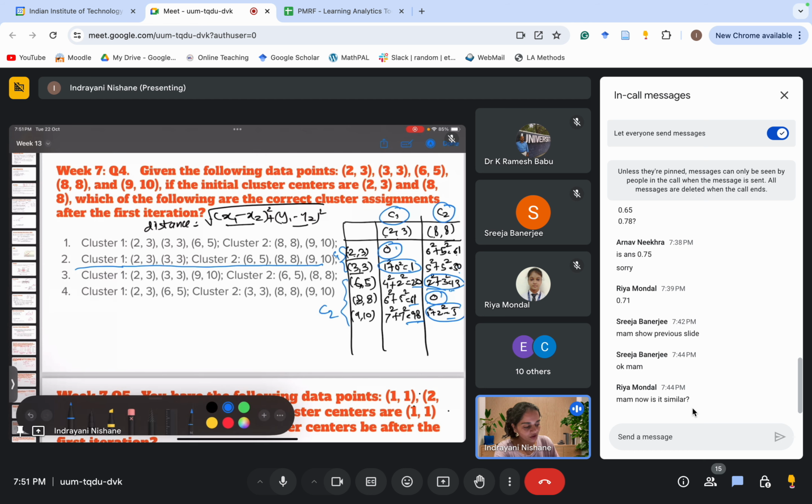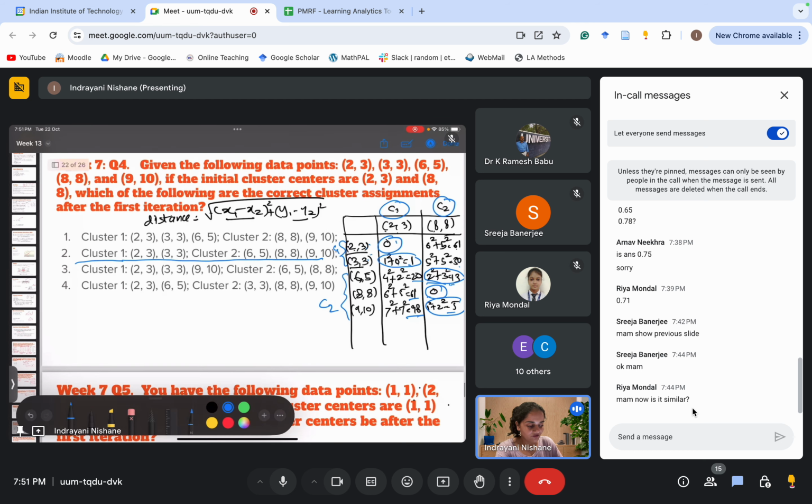Yeah, so now these 2 points are in one cluster and these 3 points are in one cluster. Even though we are done here, I'm going one step ahead and telling you how to compute the centroid for the next iteration. For the second iteration, what is the new centroid which you will be considering?